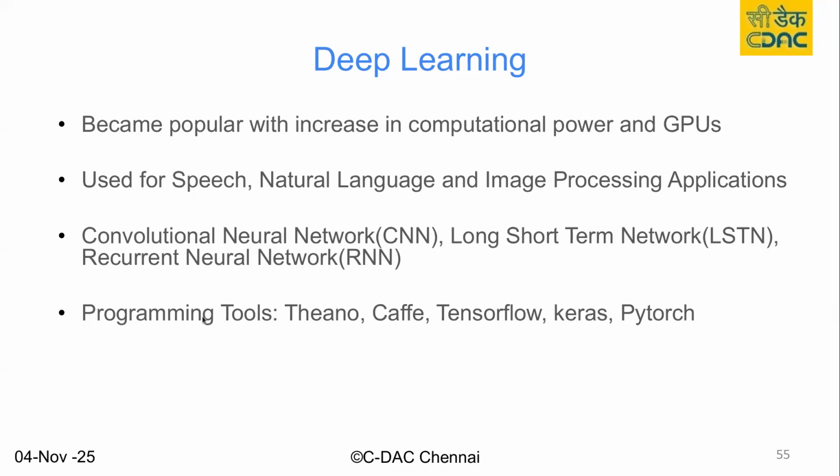Programming tools like Theano, Caffe, TensorFlow, Keras, PyTorch were used to program and build these neural networks. You don't have to write all the mathematical equations; these tools support frameworks to build each neuron much easier than writing the entire mathematical equations associated with the multiplications.